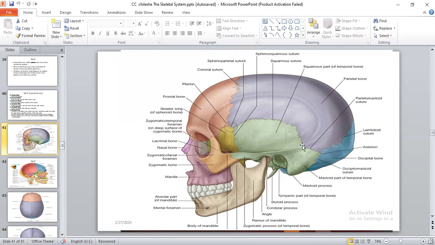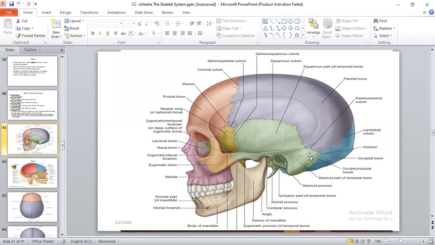And then we have on the posterior aspect this mastoid part of the temporal bone, and it is articulating with the parietal bone, so we are going to call it the parietal mastoid suture on the posterior aspect.